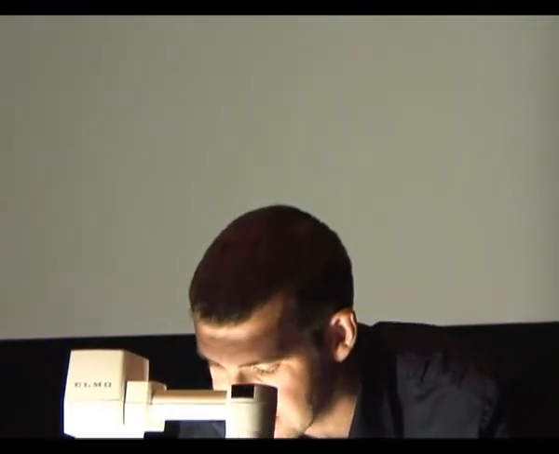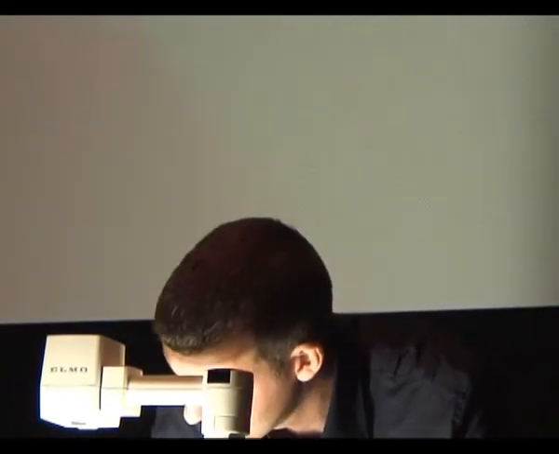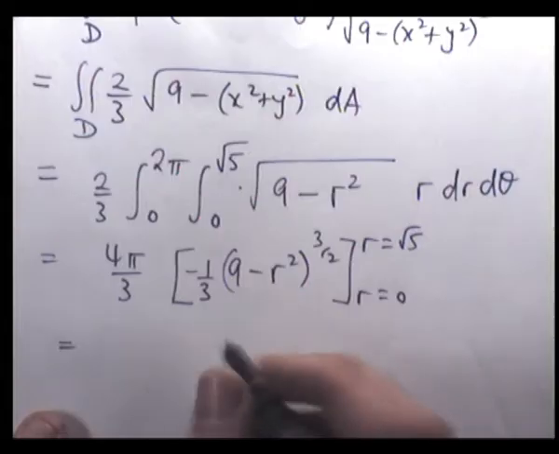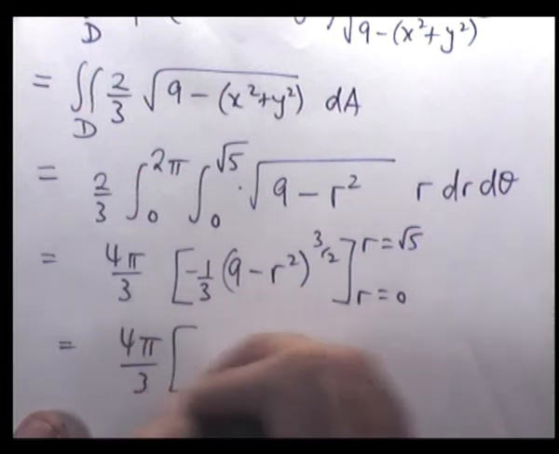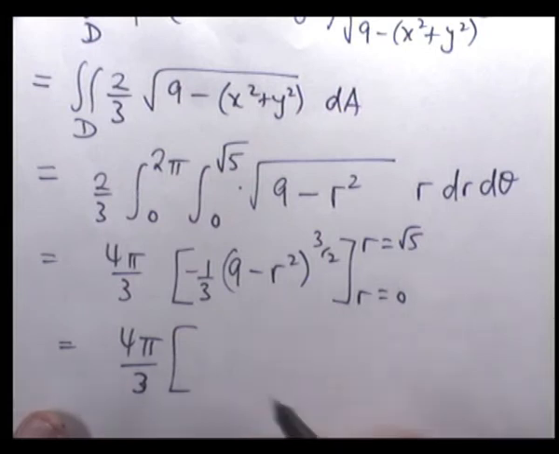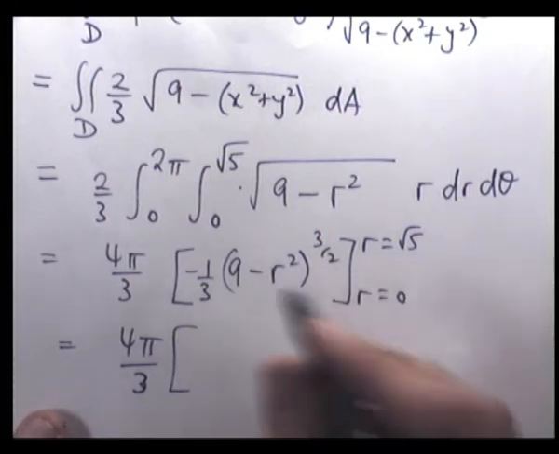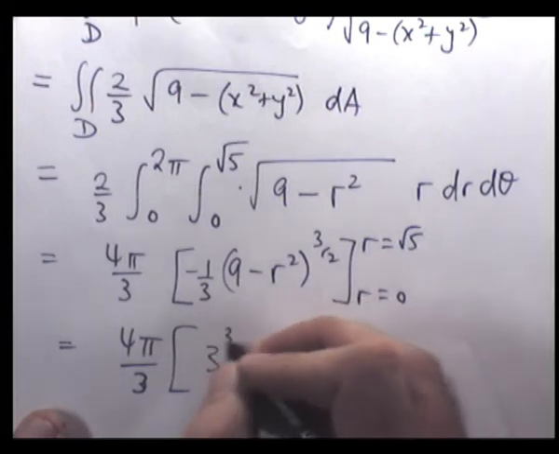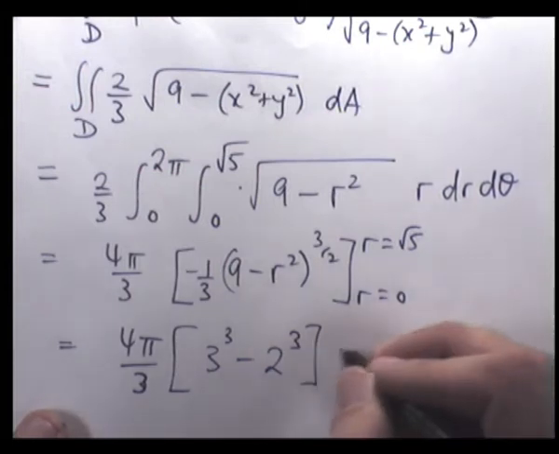So now it's just a matter of cleaning up, putting in your different values for r. And after a little bit of work, and you substitute, things are actually going to work out quite nicely here with this r squared. You get down to something like 3 cubed minus 2 cubed, but you should check the calculations.